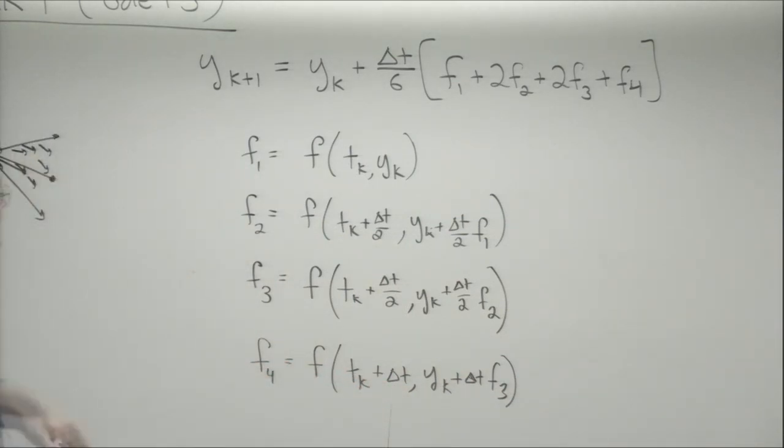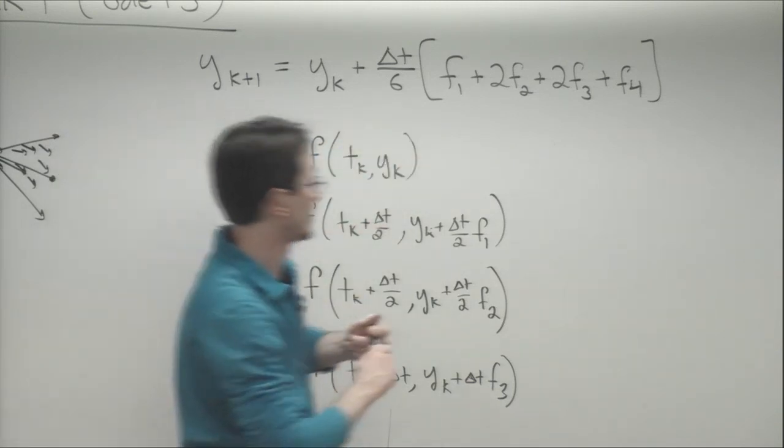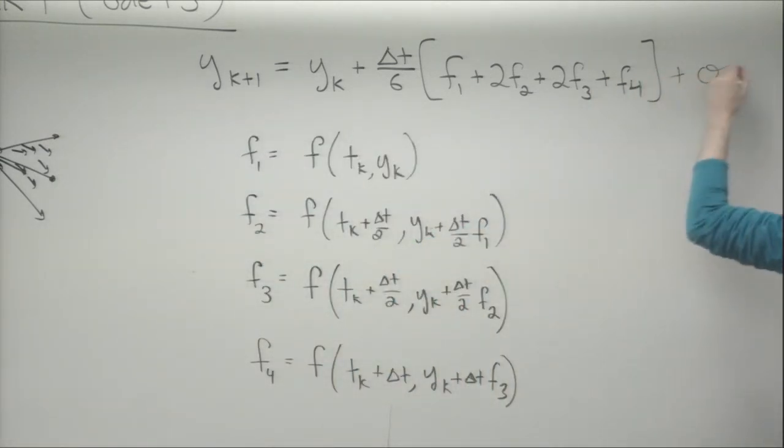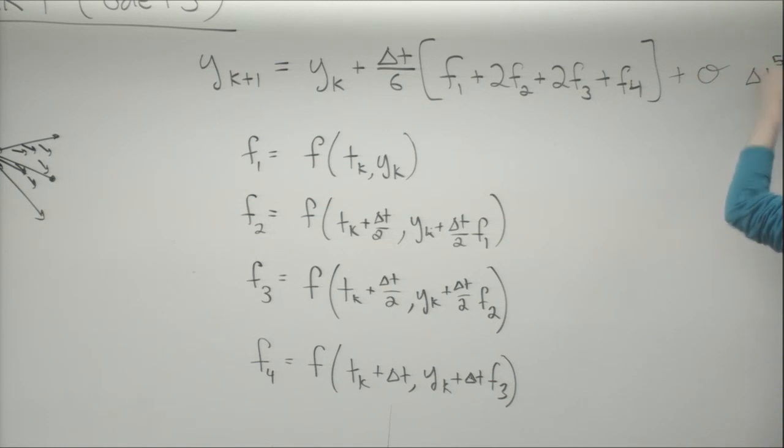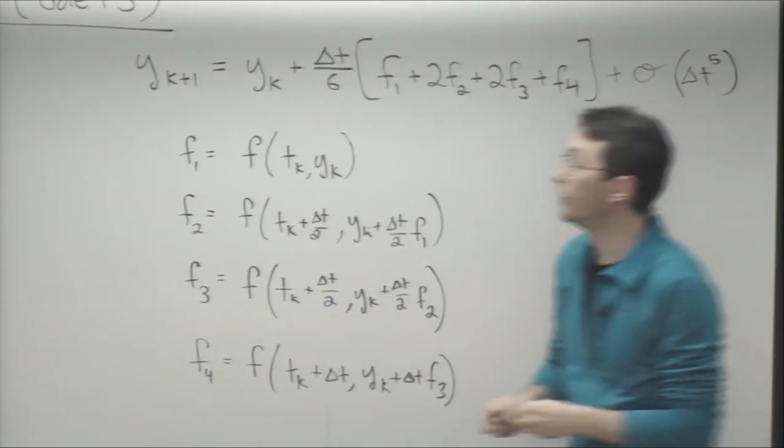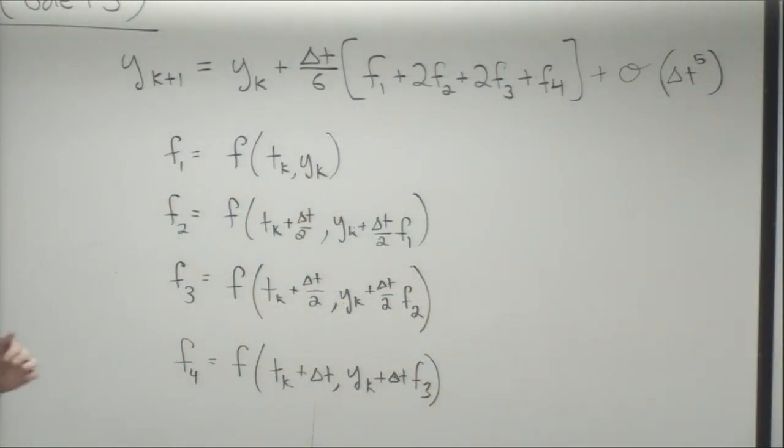I would not recommend trying to prove that this is plus order delta t to the 5th. It's kind of a nightmare. It'll give you a new respect for Runge and Kutta. But we can kind of take it for granted. As far as I'm concerned, we can abstract this away.